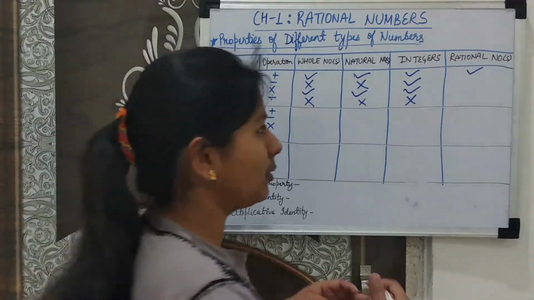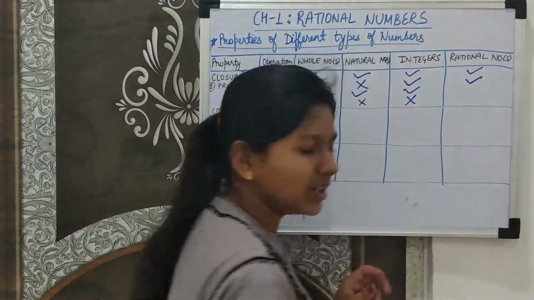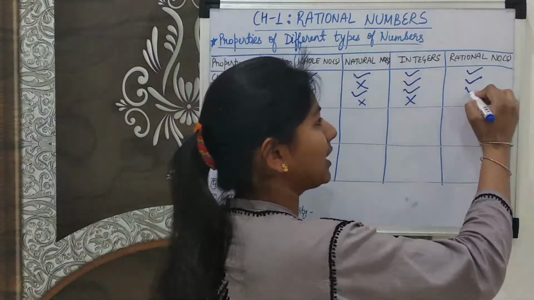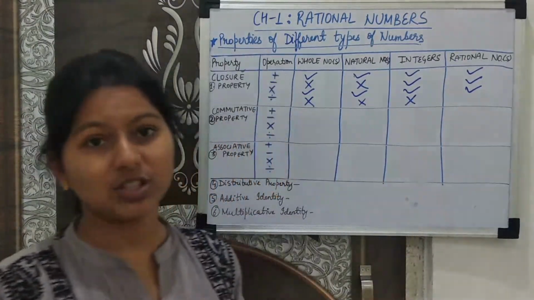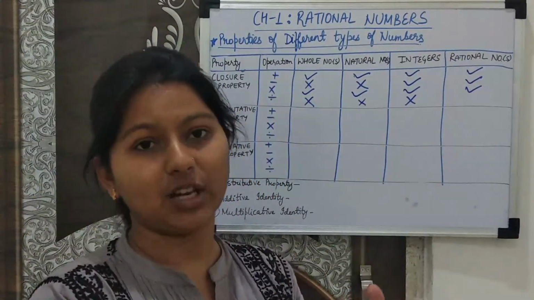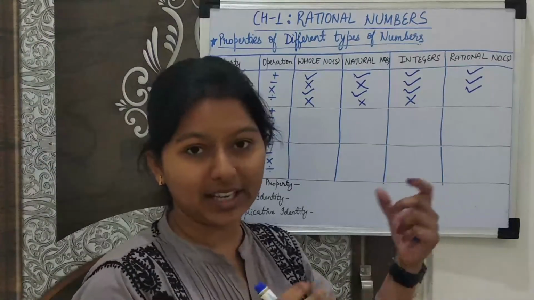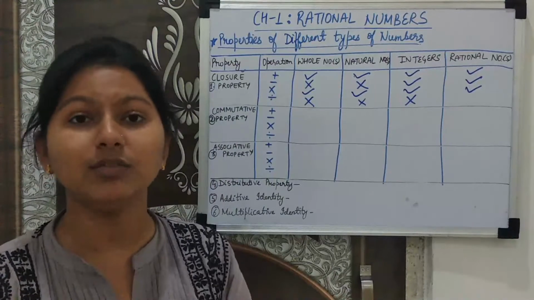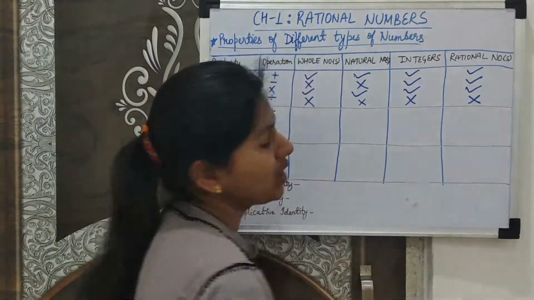It will be in the category of rational numbers only. So it is closed under subtraction. For multiplication also it is closed. For division, if I am dividing any rational number by 0, we have studied that dividing any number by 0 is not defined. So rational numbers are not closed under division.